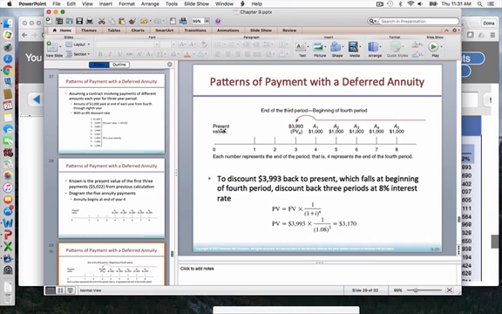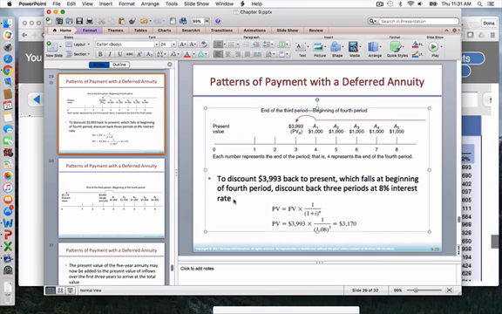So now we go in Appendix B, and that's going to be below, so we know it doesn't refer to the previous one. So we take this amount, 3,993, go in Appendix B and find n equals 3 periods, interest rate 8%.